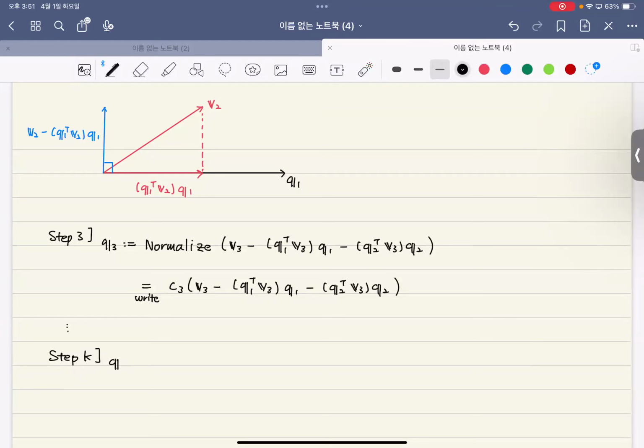Now, finally, Qk is the normalization of Vk minus Vk Q1 Q1 minus Vk Q2 Q2, minus and so on, up to Qk minus 1 T Vk Qk minus 1.